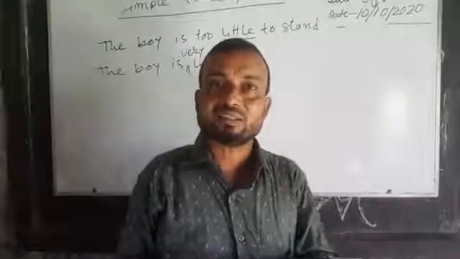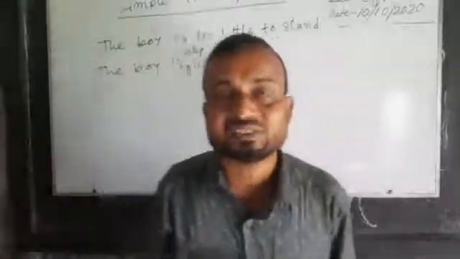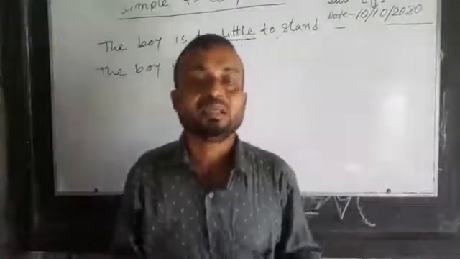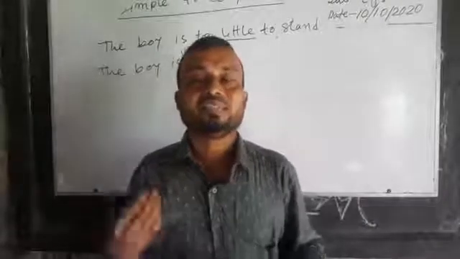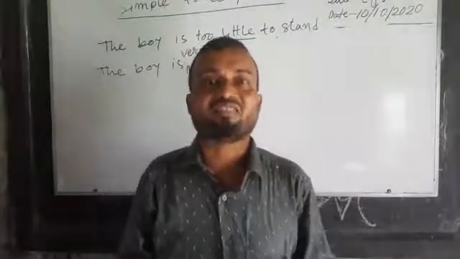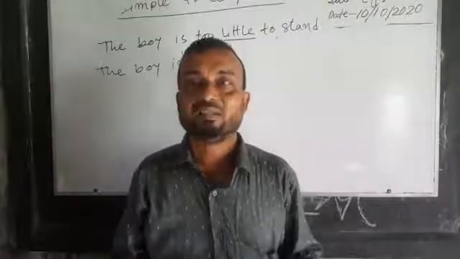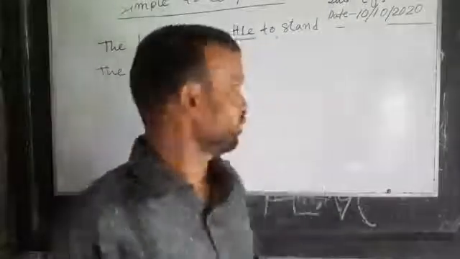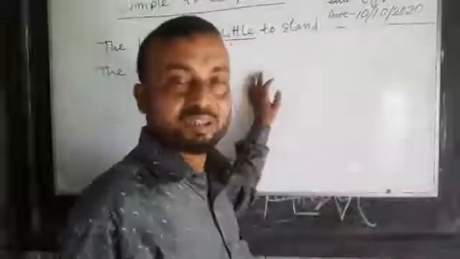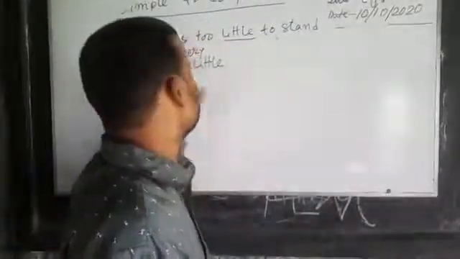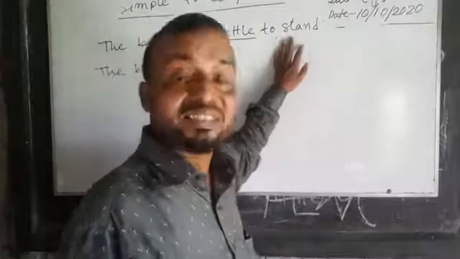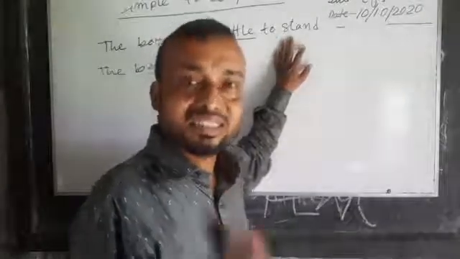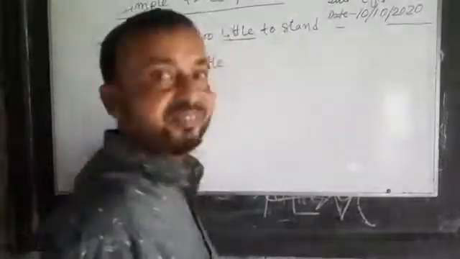We know that a very little boy can't stand. A boy of 8 months or 9 months or 10 months cannot stand. Ordinarily we know that. So this is the meaning, cannot stand. This is the negative meaning and this is the affirmative meaning.